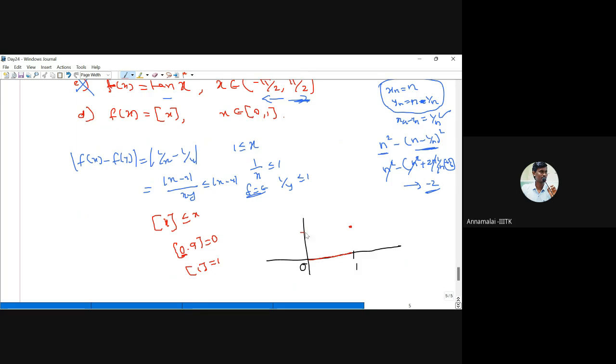So this function is not continuous at x equal to 1. Therefore, we cannot talk about uniform continuity. Uniformly continuous, first of all, should be continuous. So the last one is not even continuous. Therefore, it's not uniformly continuous.